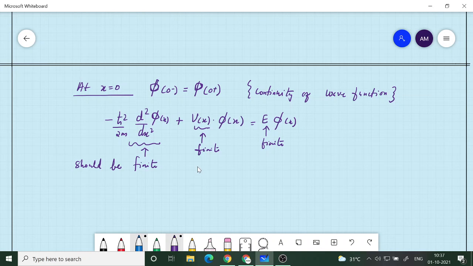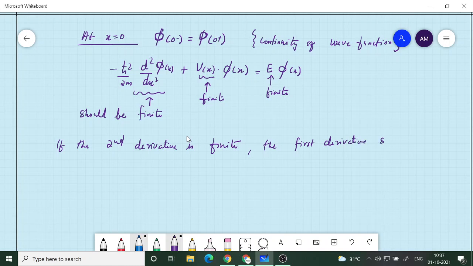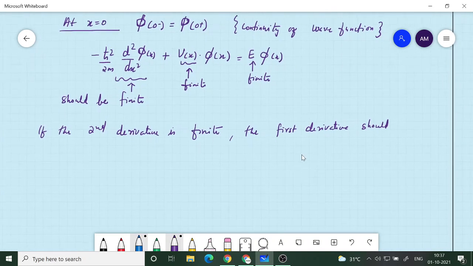Now if the second derivative is finite, what can you say about the first derivative? Finite, sir. Okay, if the second derivative is finite, then the first derivative should be continuous, isn't it?